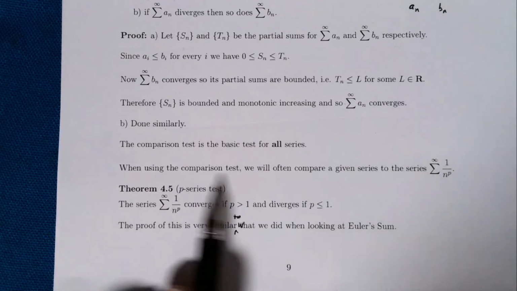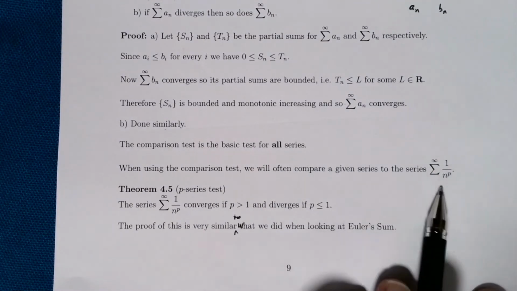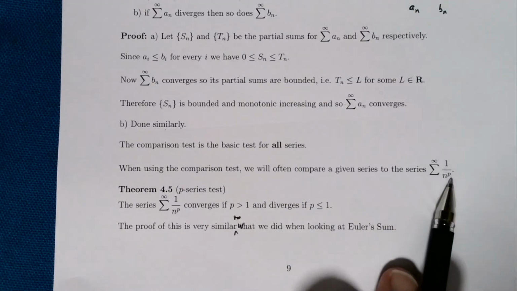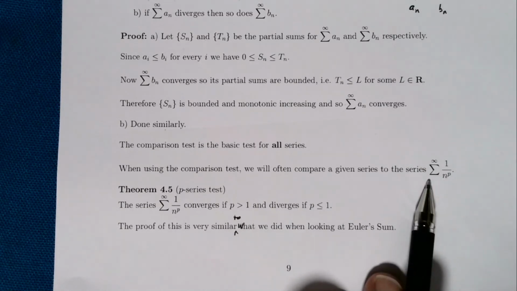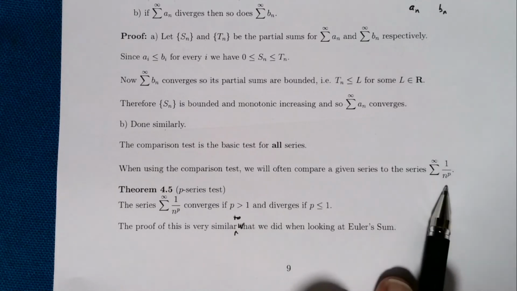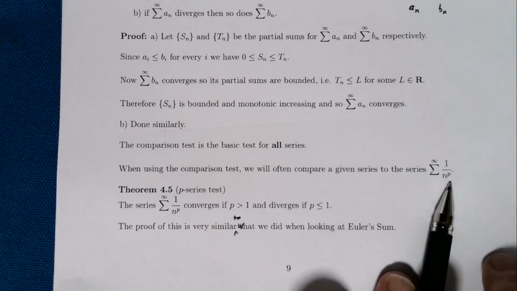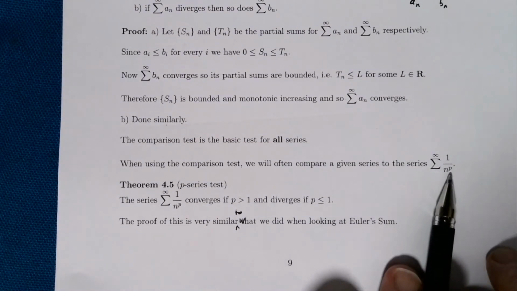So when we're using the comparison test, we're often going to compare a given series to the series sum of 1 over n to the power p. This is itself a very, very interesting infinite series, and I'm going to call this a p-series. And we're going to have this p-series test. We'd like to know for what values of p this converges.